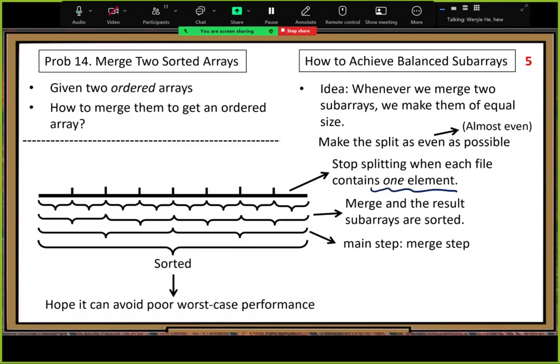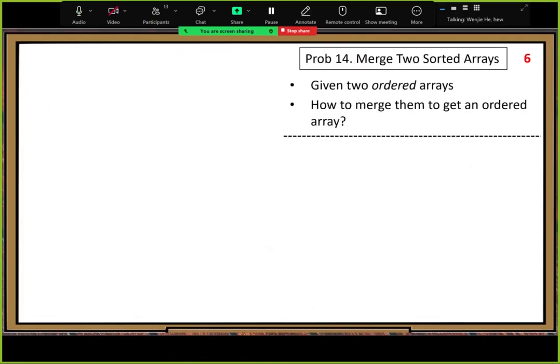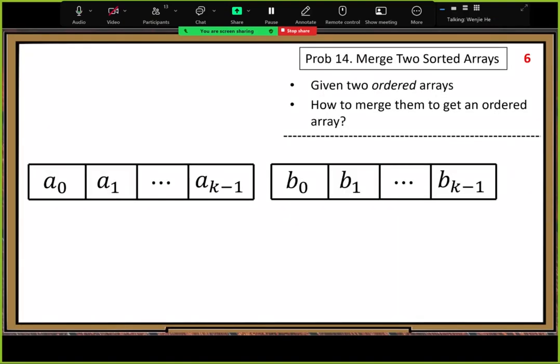Next we need to study the main step, the merge step. Let's look at the merge step. Here I use a diagram to describe the idea of how to merge two ordered arrays.